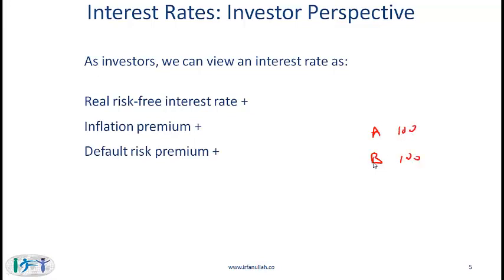If B has a high risk of default, so you are worried that B might not pay, then you might demand a higher return from B because of that risk of default. That additional return that you will demand from B because of the risk of default is called the default risk premium. Next, we have liquidity premium.